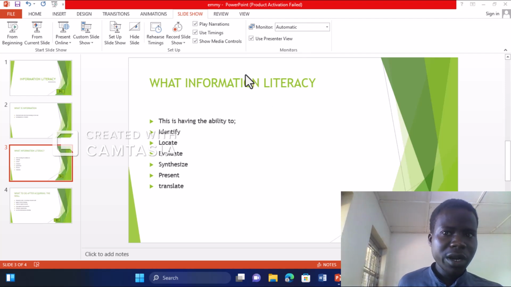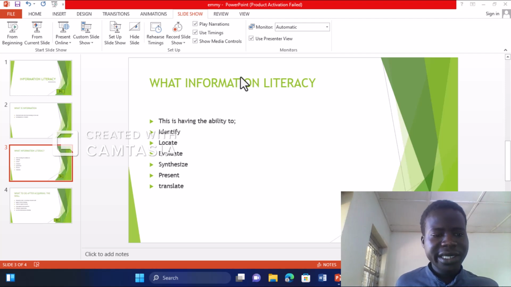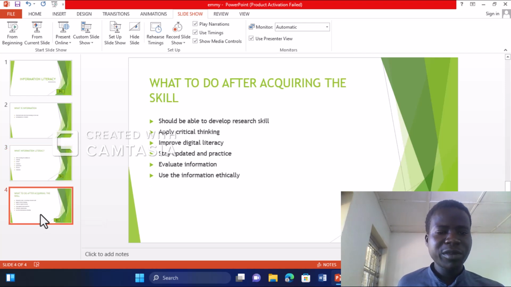Now someone must be asking themselves what they will do with information literacy after acquiring the skill. So these are some of the things that you will be able to do after acquiring the skill.